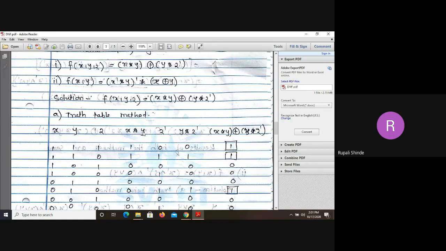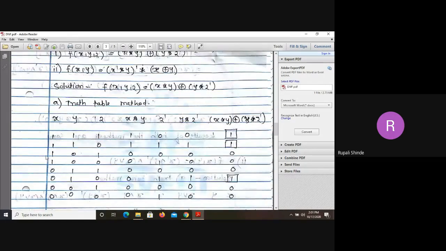So we have to take the product of x and y for these two columns. 1 into 1, 1. 1 into 1, 1. Now 1 into 0, 0. 1 into 0, 0. 0 into 1, 0. 0 into 1, 0. 0 into 0, 0. And for the last, again it is 0.